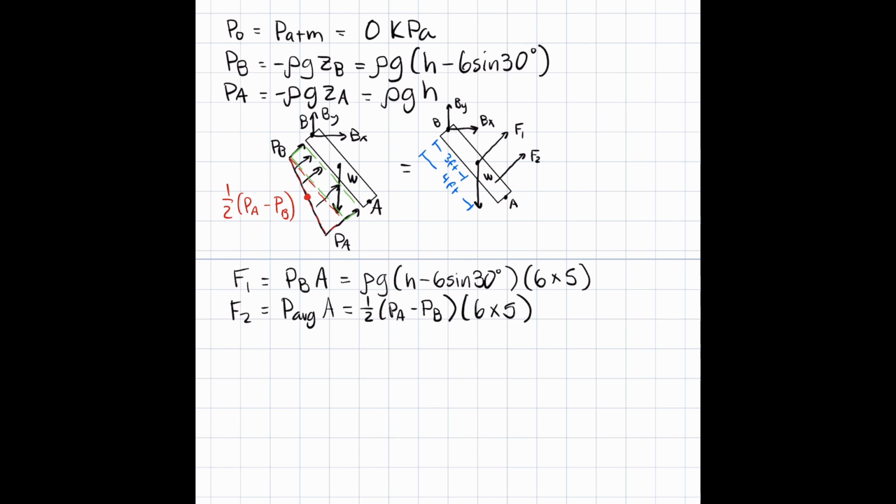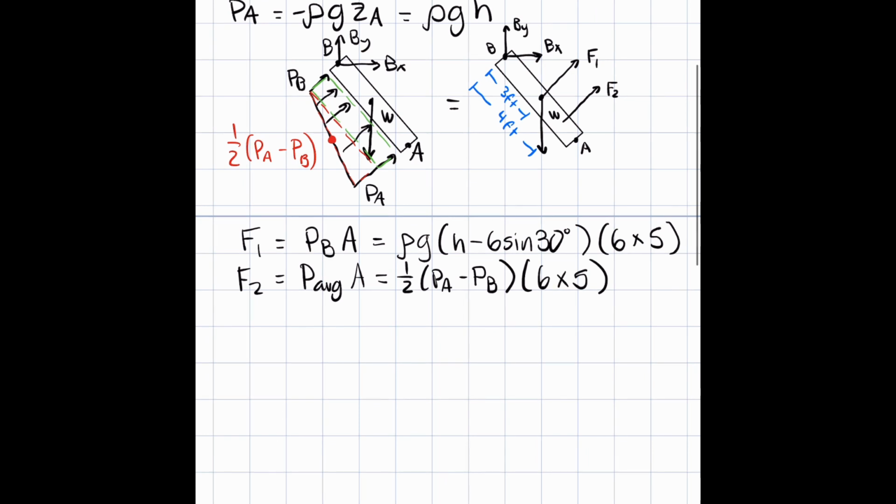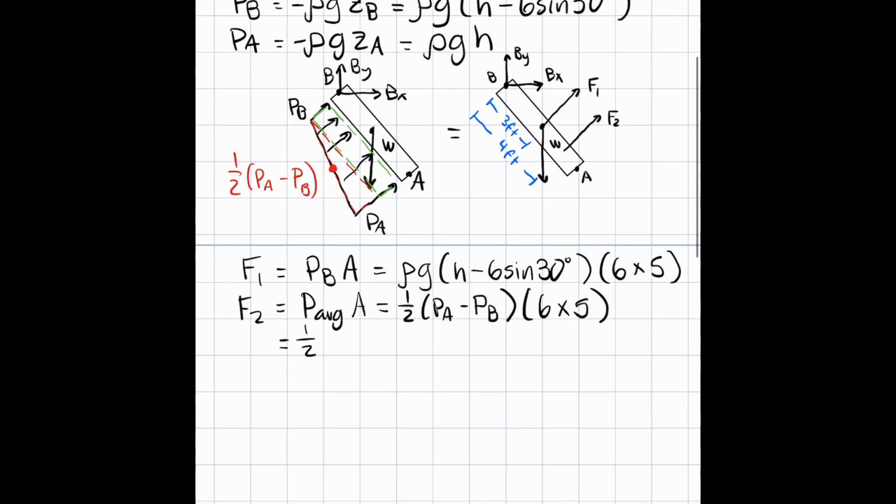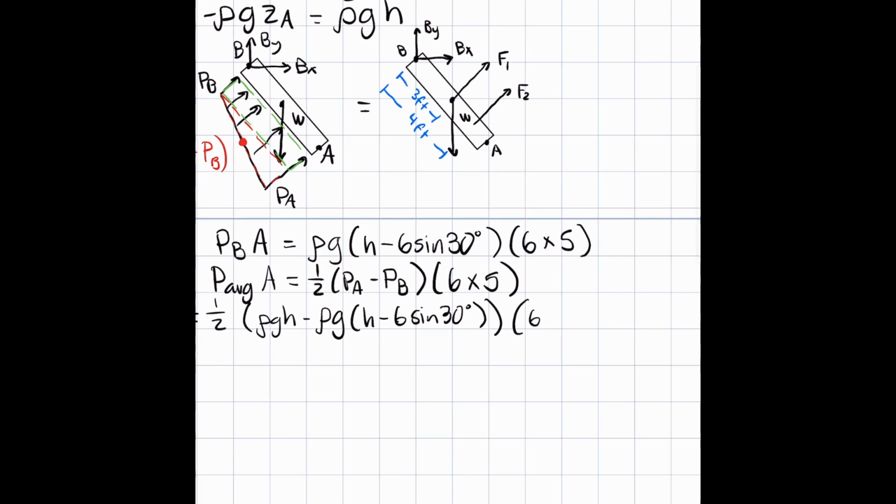So this is our force equation, 1/2 PA minus PB, 6 times 5. And then we can further simplify this because we know PA and PB in terms of height, density, and gravity. PA is just equal to rho GH, minus PB, which is rho GH minus 6 sine 30 degrees, all multiplied by the area, 6 times 5.